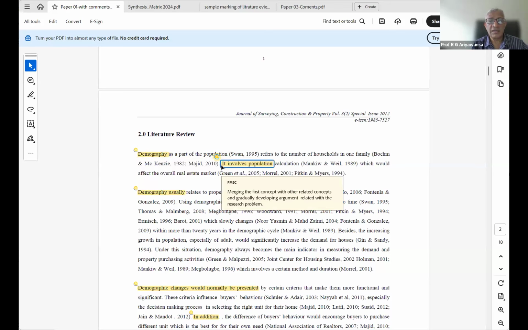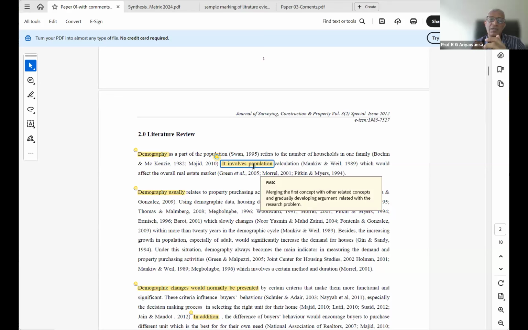And the second one, the population. It involves population calculation, and based on some other support, right? These authors are developing a statement, a rationale. It means demography involves population calculations, right? So what they are doing is merging the first concept with other related concepts.